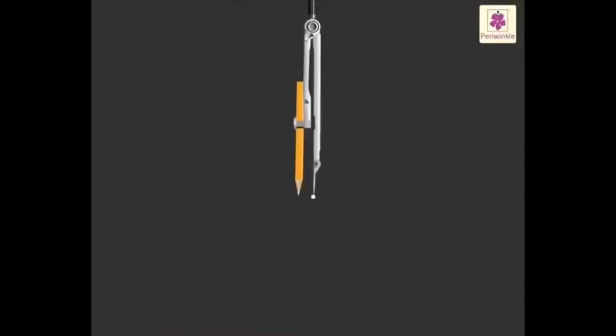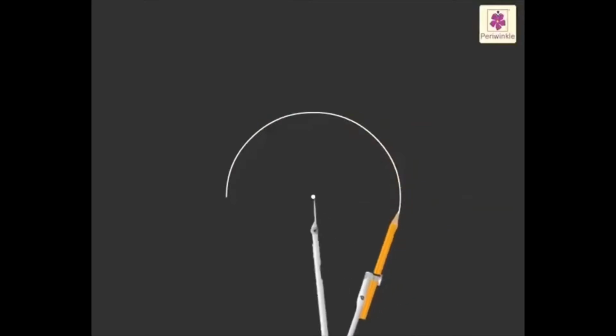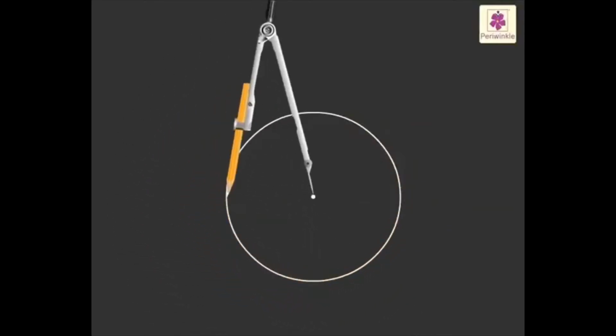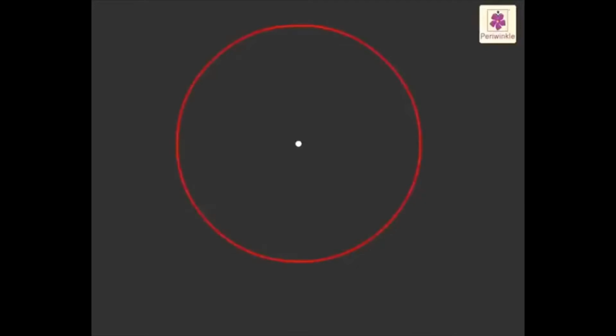Keep the metal point of the compass firmly on a fixed point. Step 2. Stretch the arm of the compass that holds the pencil. Step 3. Move the pencil arm around, keeping the metal arm fixed. Look, we have drawn a circle.